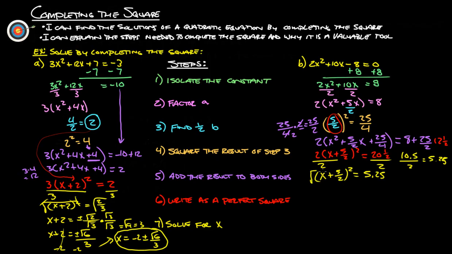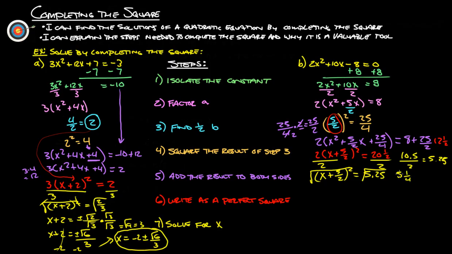And then we've got to square root both sides. I should have left this in a different form, but that's okay. 5.25 means 5 1/4.